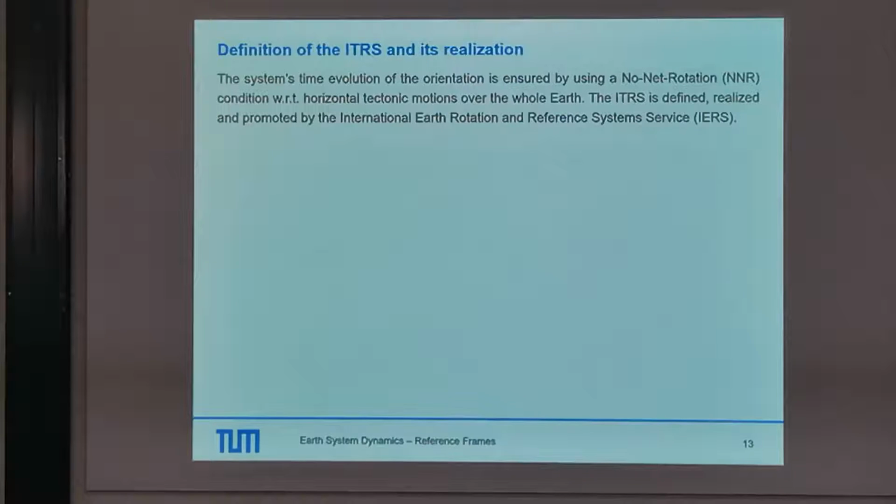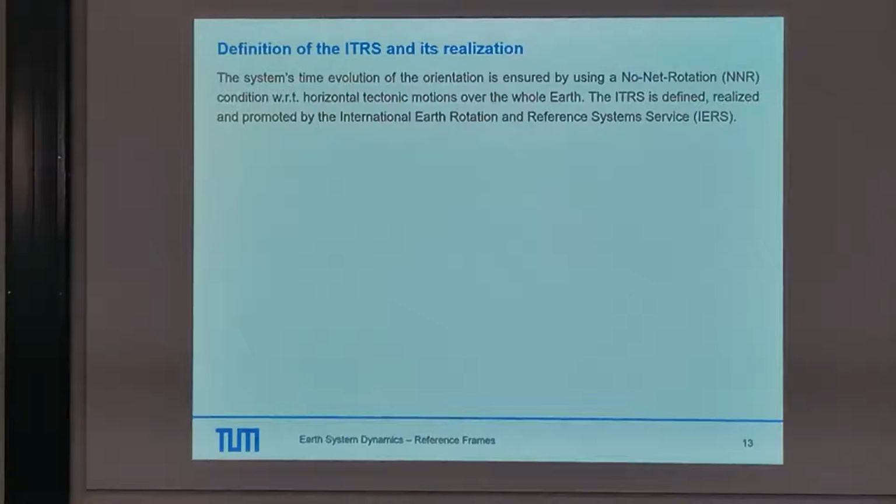And that constraint ensures that the reference system is co-rotating with the Earth, since no common rotations are allowed. Is that clear for everybody? What no net rotation means? It's a mathematical constraint, it's nothing physical, it's purely based on mathematics. You have a network motion and you subtract everything which is common to all stations and set it to zero.